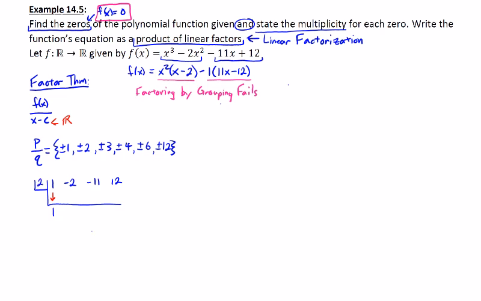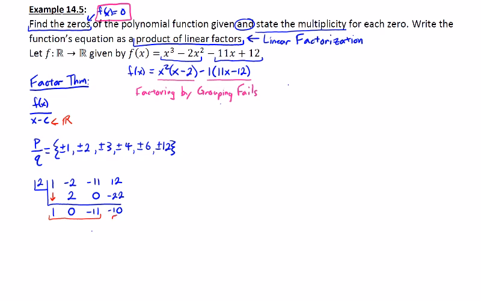From that list, positive 2 is there, and I'm going to run through the synthetic division process. So we'll get 2 here, 0 there, 0, -11, -22, and then -10. And remember that the answer line here is the quotient and the remainder.